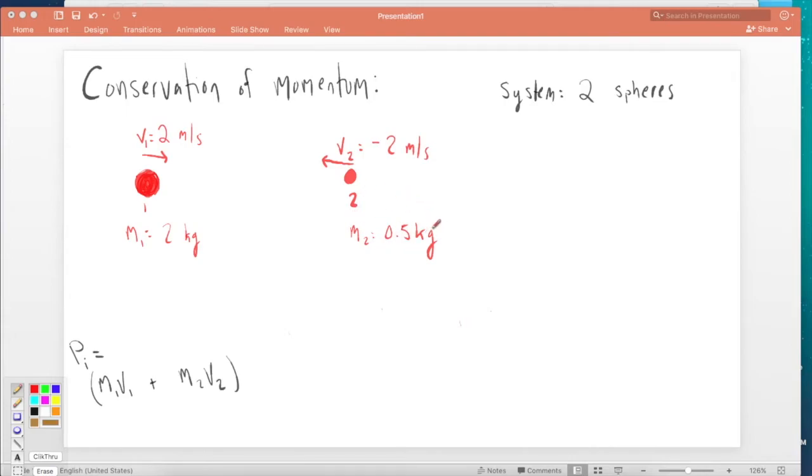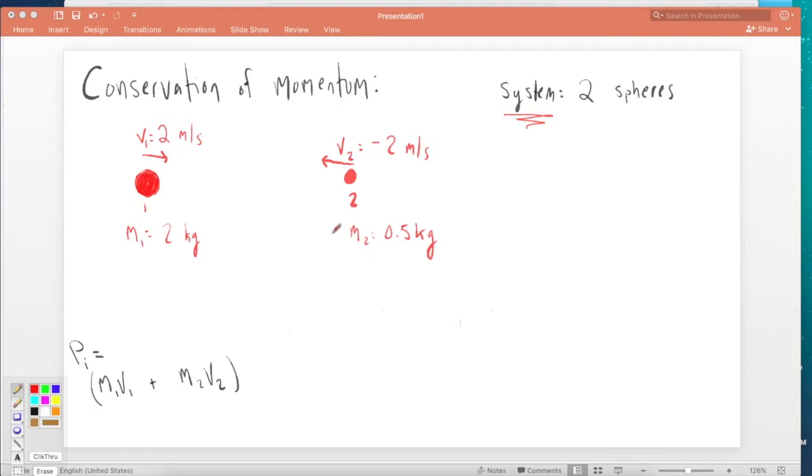And this one is much smaller. It has a mass of 0.5 kilograms. So remember what I said earlier. The conservation of momentum says that the momentum of the entire system, not just one of these objects, but the entire system, the total momentum I have here in my system cannot change. It cannot increase, it cannot decrease unless acted on by something else outside the system.